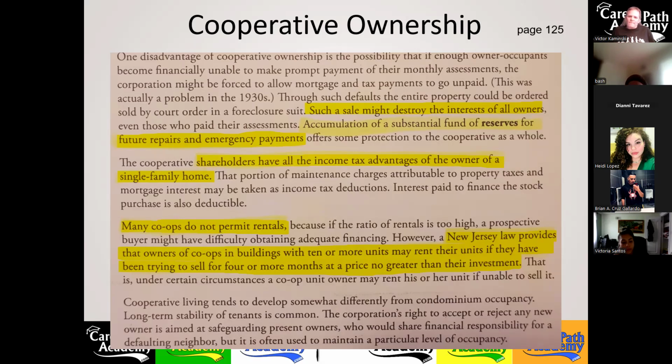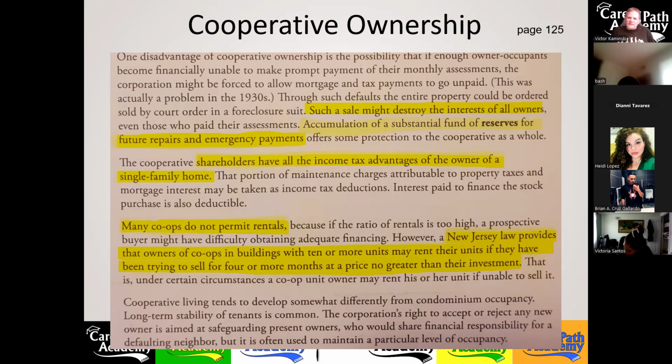Plus, borrowers may have difficulty getting loans from lenders if the ratio of renters versus owner-occupants becomes too high. So New Jersey law provides that owners of co-ops and buildings with 10 or more units can rent their units if they've been trying to sell them for 4 or more months at a price no greater than their initial investment, their initial purchase price.